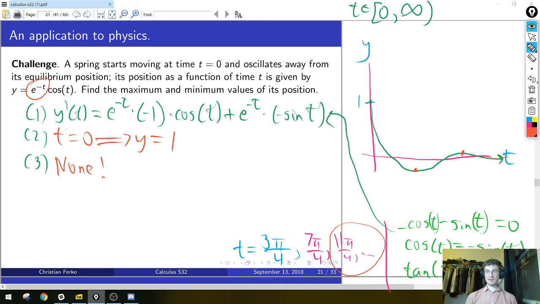That means this thing is getting smaller and smaller. So can you guess, based on that intuition, where the global max and global min occur?